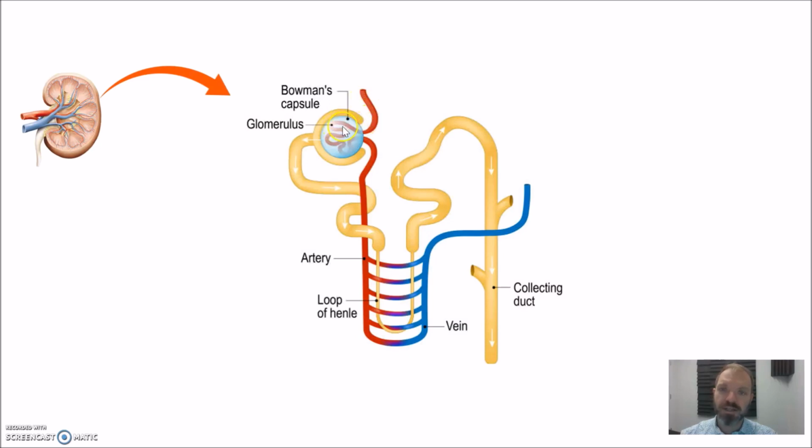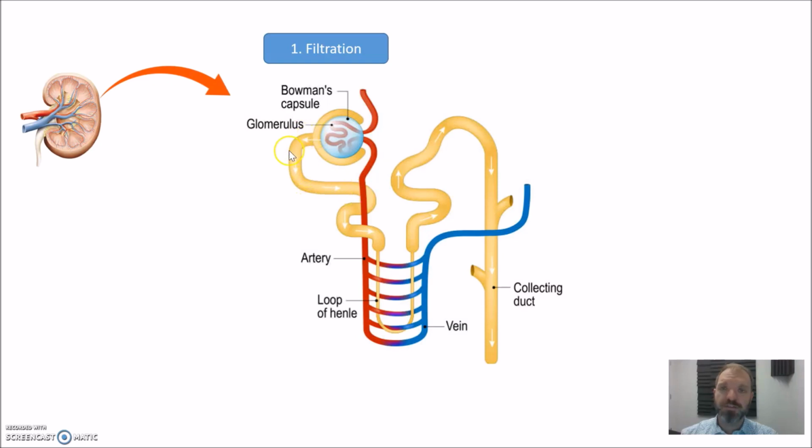The blood comes in under high pressure and squeezes through into the Bowman's capsule. Now, the filtration process means that large things such as blood cells and proteins don't go through and they continue in the bloodstream and back to the body, whereas waste, water, some nutrients and other molecules end up on the other side in what's called the filtrate.